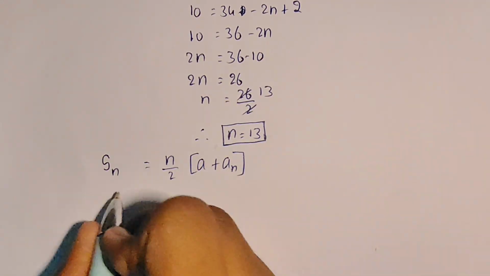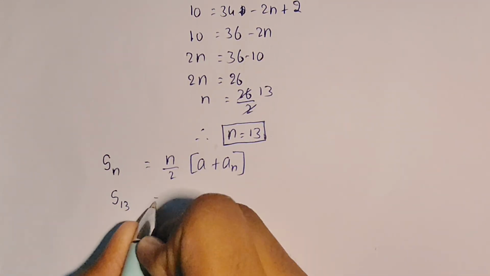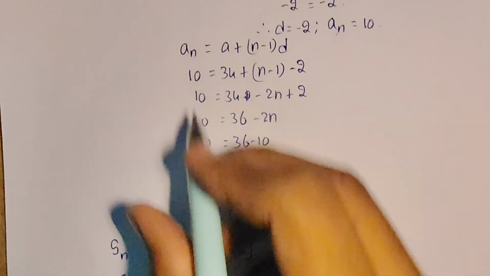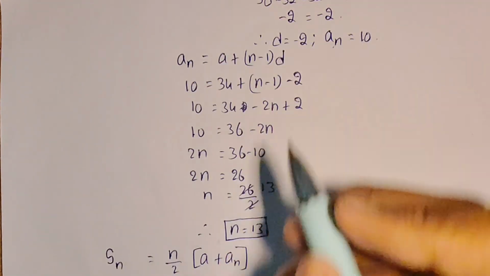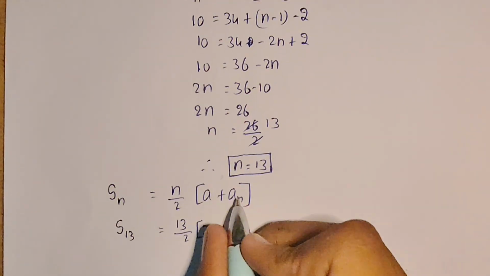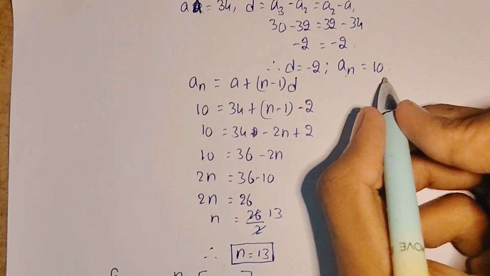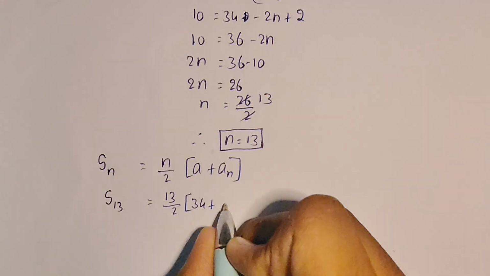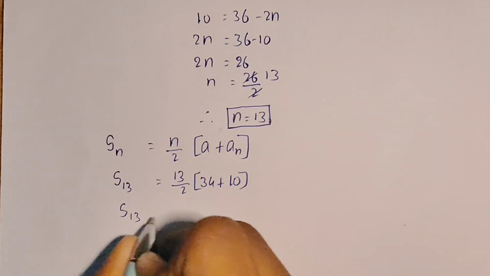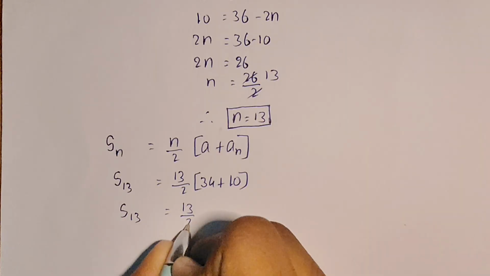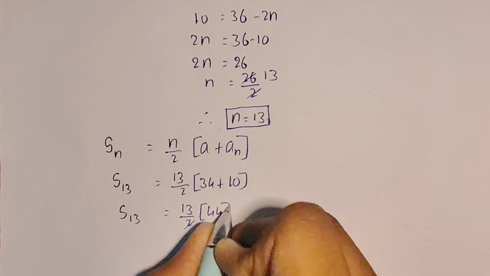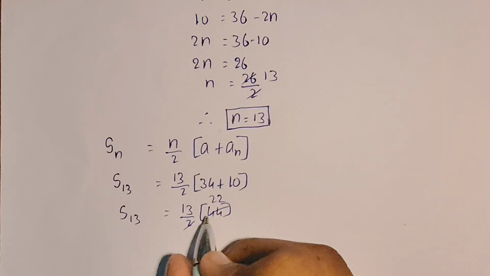So S base 13 is equal to 13 by 2 into a is 34 plus a base n is 10. So S base 13 is equal to 13 by 2 into 34 plus 10, 44. 2 ones are 2, 22s are 44.